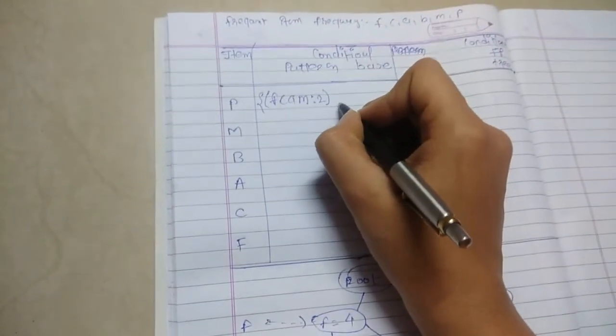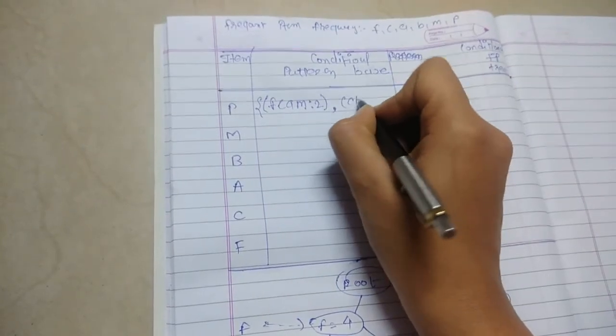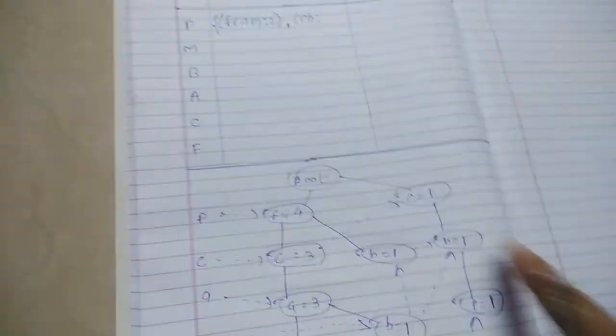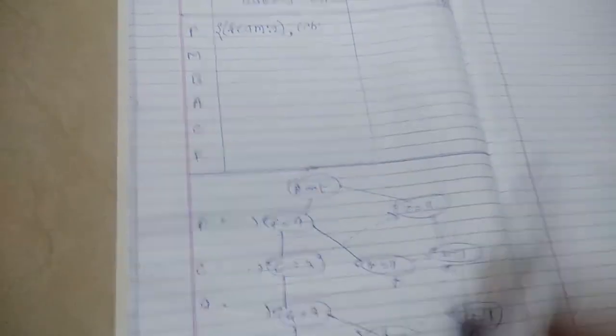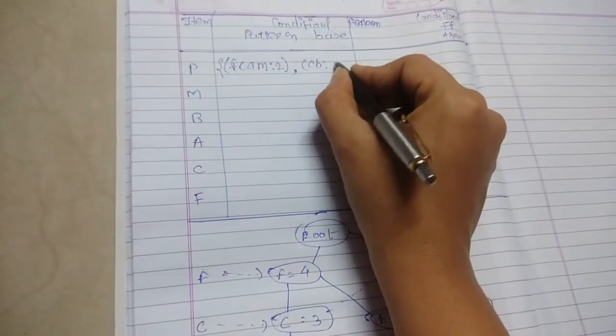The second path is C and B, and at the end the support is 1, so we write support 1.